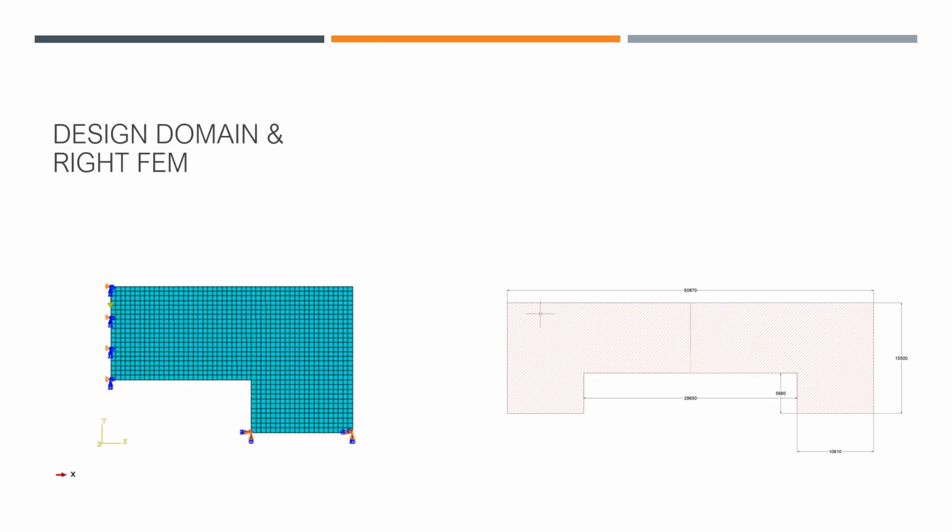So this is the design domain on the right and my right FEM on the left, which is confusing. It's just a markup on AutoCAD given the dimensions that were measured, and then the right FEM is a markup, a screenshot from Abaqus, sorry, showing the mesh and the load, X symmetry, and the fixed ends.